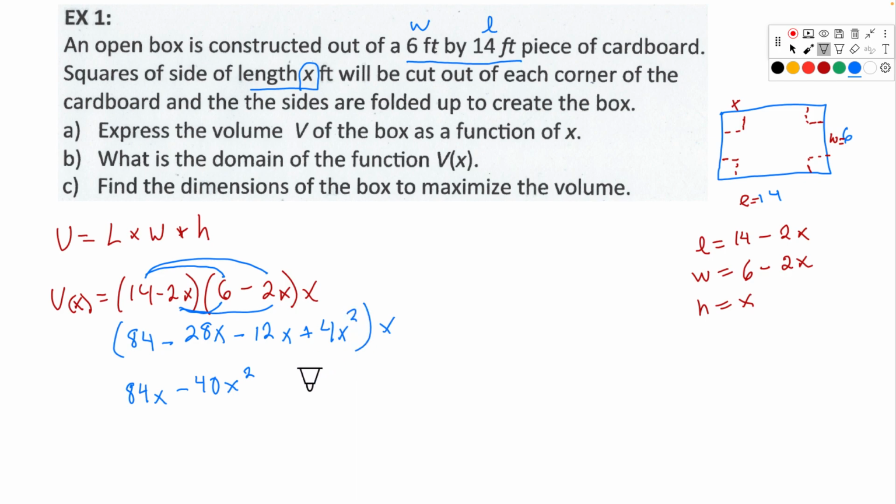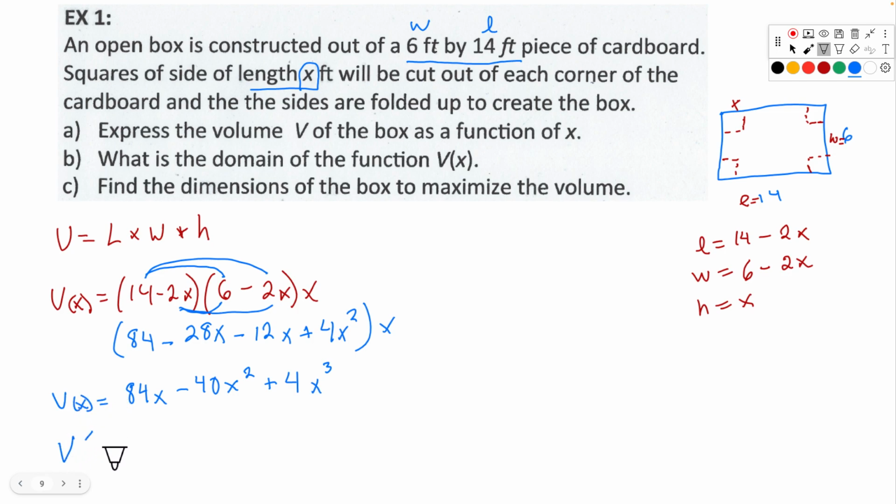And then this last one, 4x squared, becomes plus 4x to the third. Does that make sense? So I did two steps at once, simplifying the FOIL part and then distributing the x. But it's a lot easier to take the derivative now.